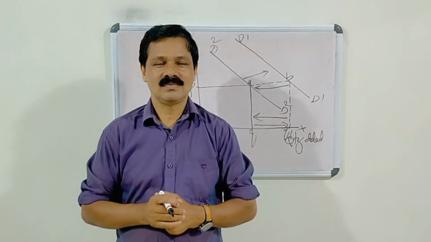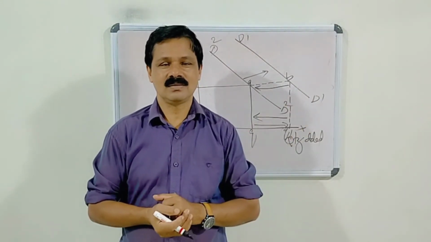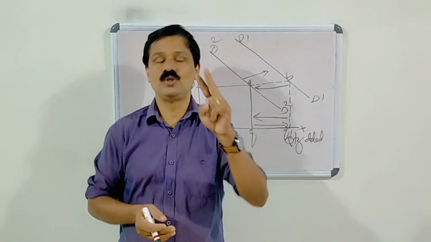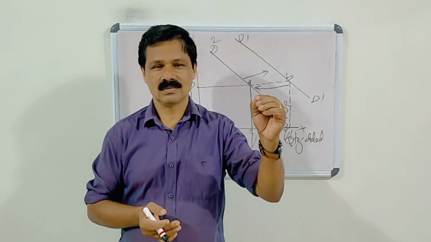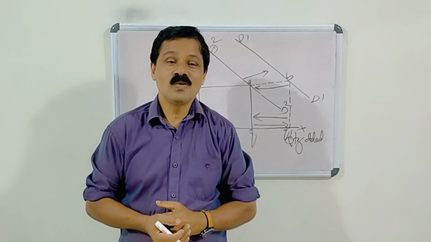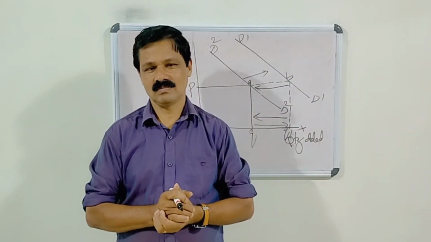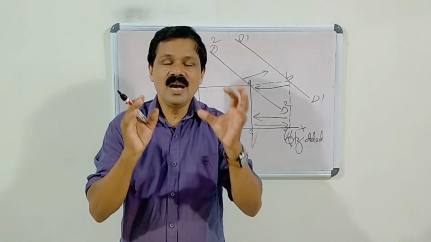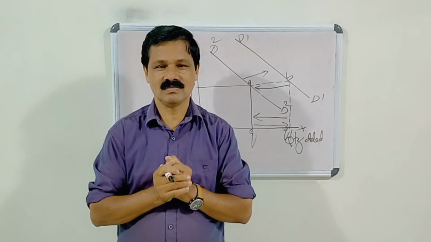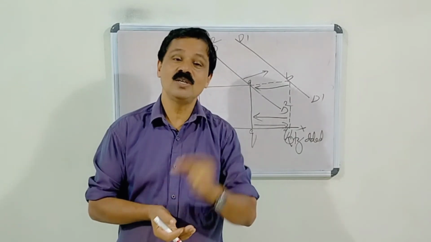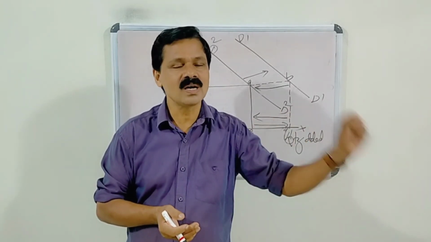In short, changes in demand may be classified into two: changes along the demand curve and shifts of demand. Changes along or movement along the demand curve implies changes in demand due to changes in the price of the commodity in question.